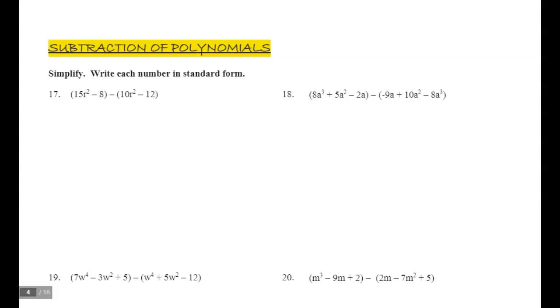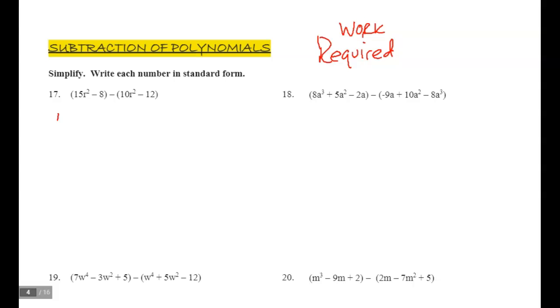Subtraction. Okay, I'm going to write up here. Your work is required on these, at least for day 1. I'm going to show you 2 ways to do these. The biggest issue is that now the parentheses do mean something because we are subtracting a quantity.